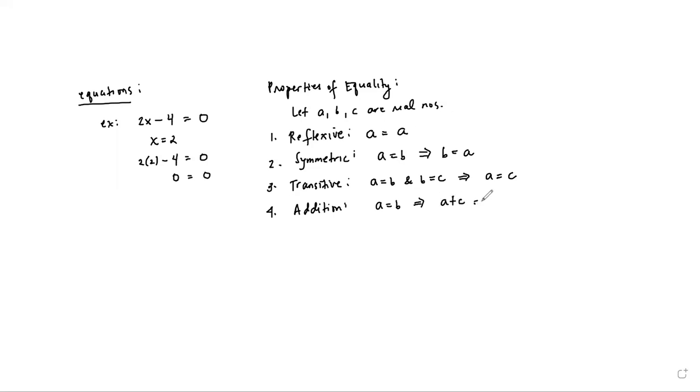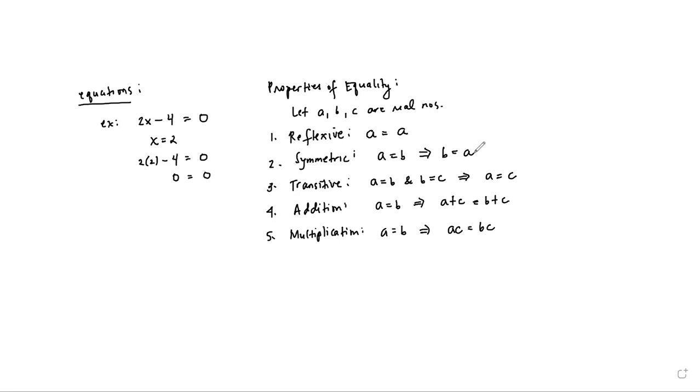So A plus C is also equal to B plus C. And then the last one among the properties of equality is the multiplication property of equality. So this states that if A is equal to B, then multiplying both sides of the equation by the same quantity, let's say C, then A times C and B times C are also equal.